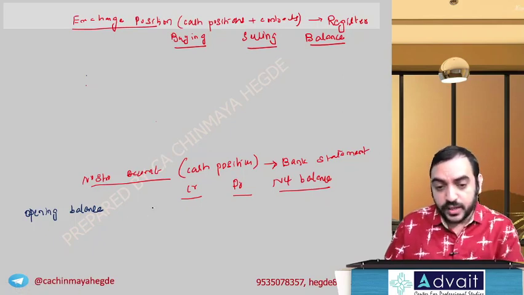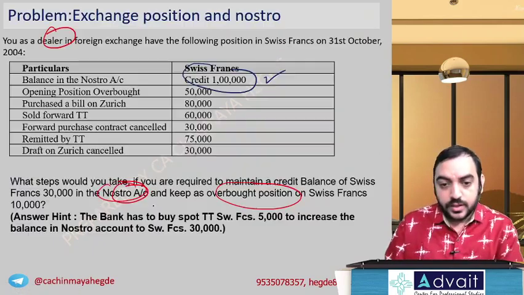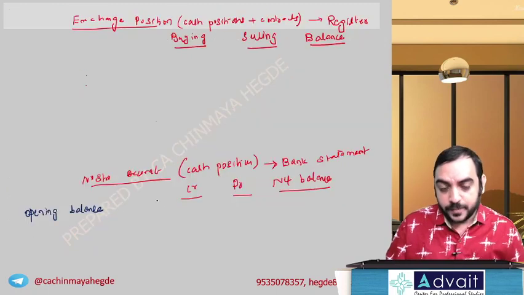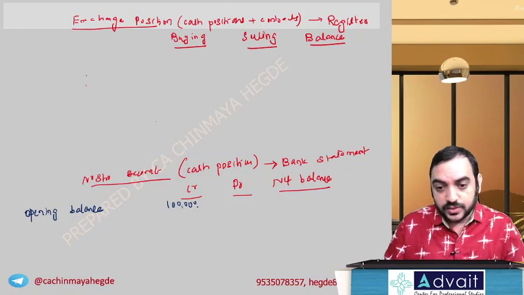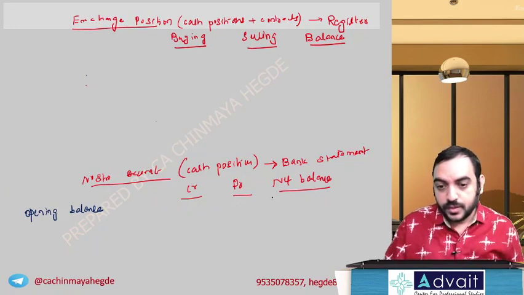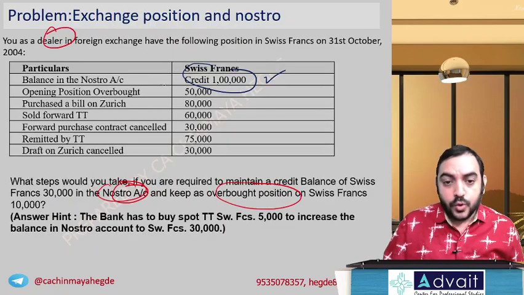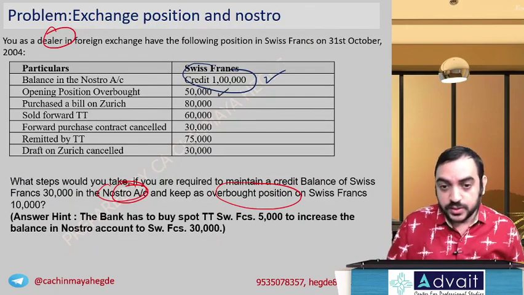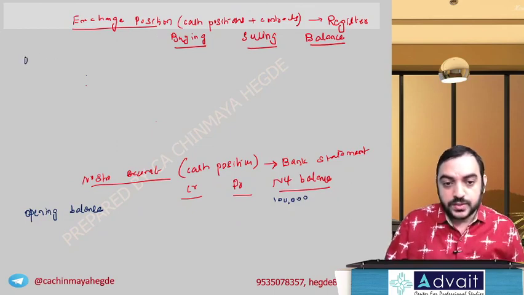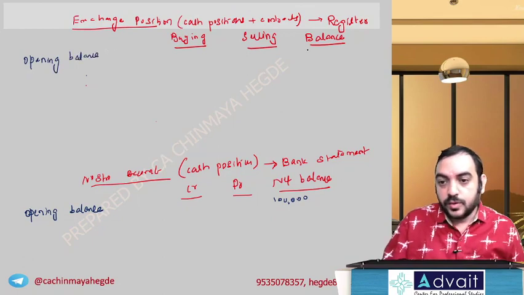Okay. Opening balance. Balance in nostro account 1 lakh. Let me write it in the balance side, 1 lakh. Opening position overbought 50,000. So here also opening balance 50,000.